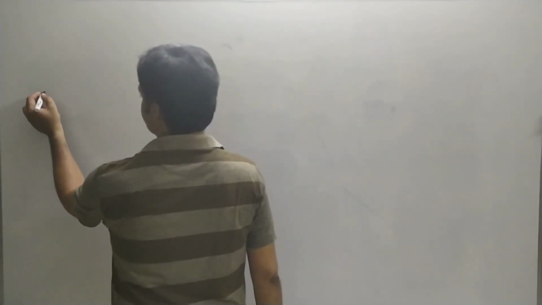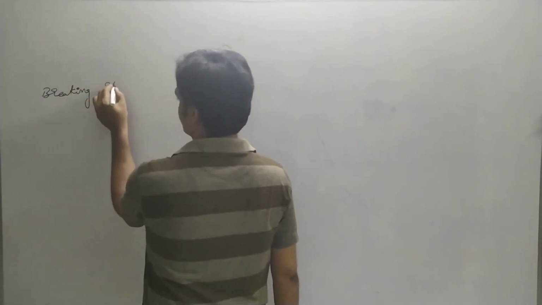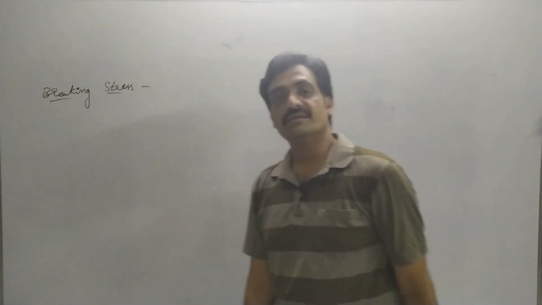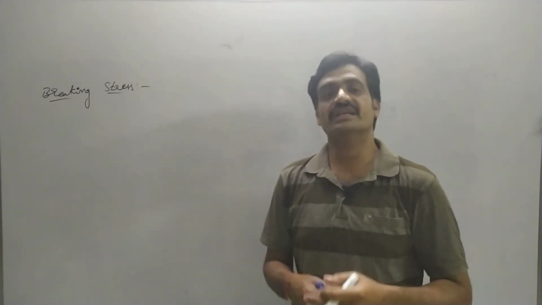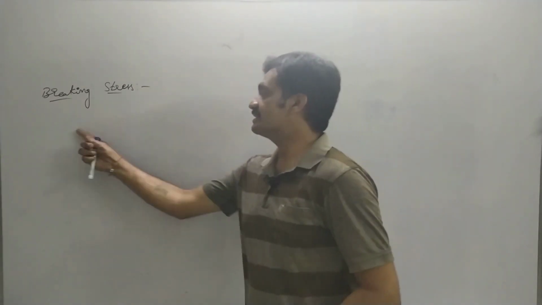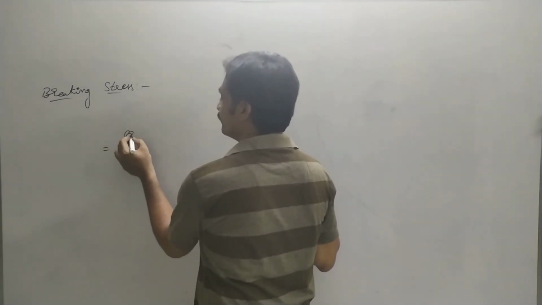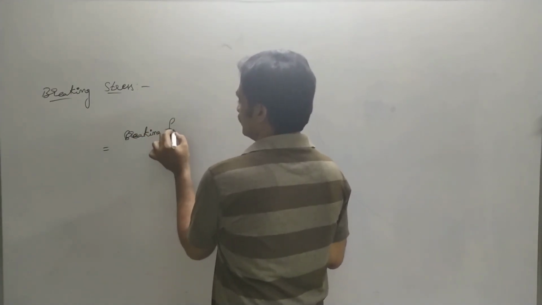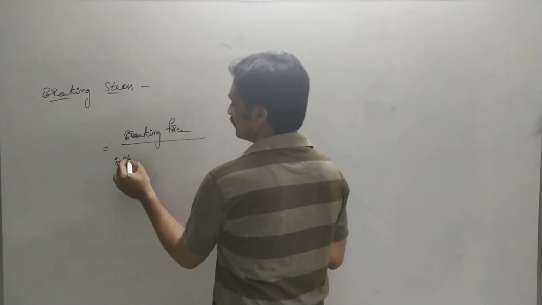Now we are going to discuss breaking stress. Breaking stress is the maximum stress acting on the wire so that it breaks, and it is represented as breaking force by initial area of cross section.